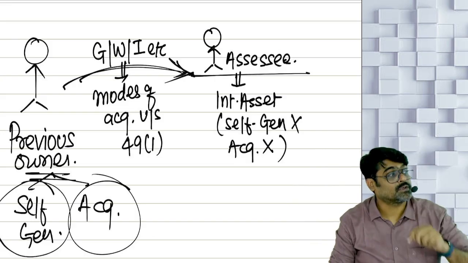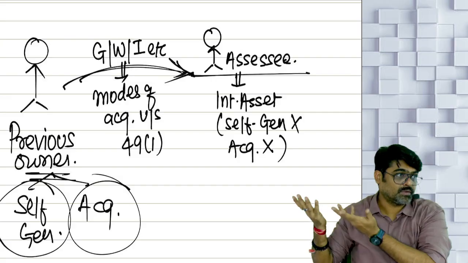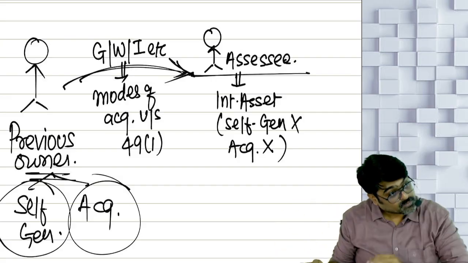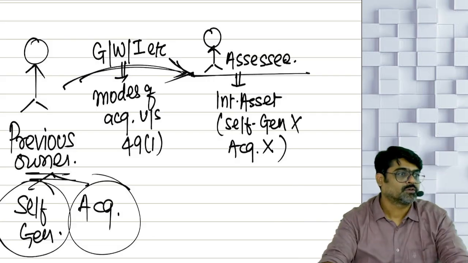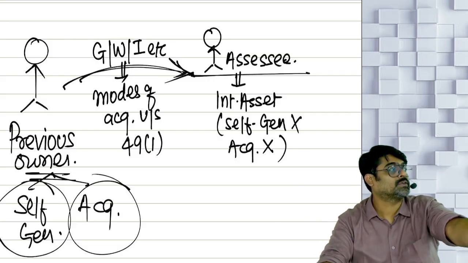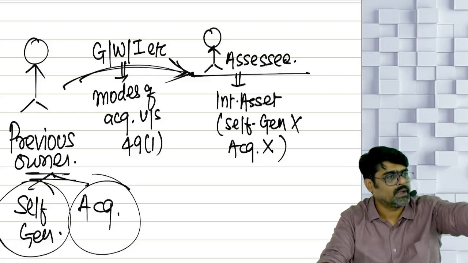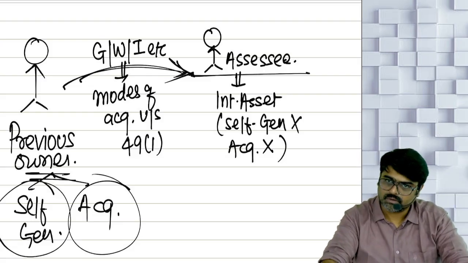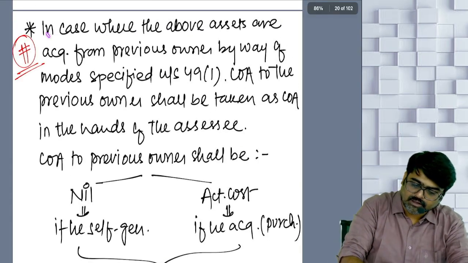So what was his cost? 2 crores as per 55(2)(a). And as per 49(1), that 2 crores will be deemed to be your cost. So while calculating your capital gain, you will reduce 2 crores, the cost to your previous owner, deemed to be your cost. Understood?